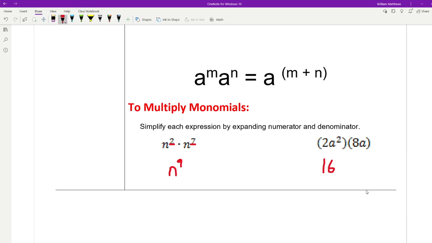Our variable, the only one we have, is a, so we can multiply that together. A squared times a to the power of 1 means I would add 2 and the 1 exponent, which would give me a to the power of 3. So my monomial simplified is 16a cubed, or 16a to the power of 3.